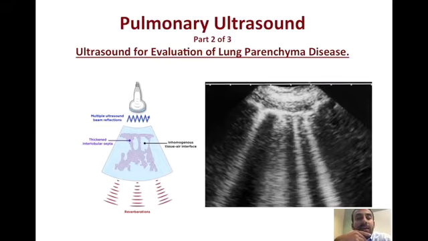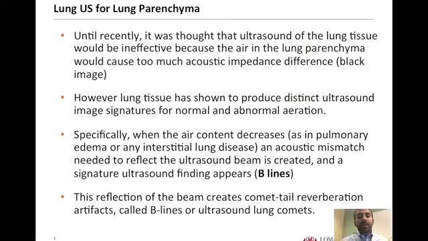And for the longest time, therefore, the utility of pulmonary ultrasound to identify actual lung parenchymal disease was not thought of. However, what we've been able to demonstrate over time, and many specialties have at least demonstrated, is that we can take advantage of this concept.